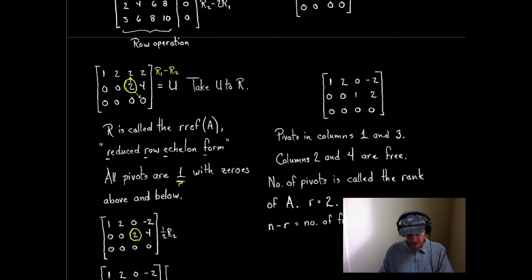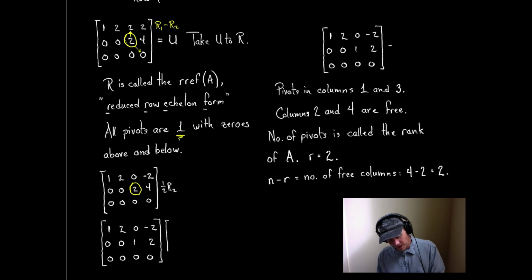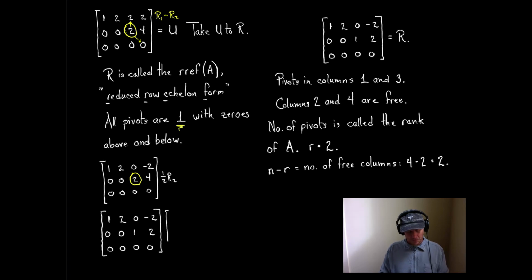Oh, heck, there it is right there. Let's just go straight to that one. So remember that is the matrix A. We've taken A to U, and then we finally ended at R, reduced row echelon form. All right, there's our matrix R.